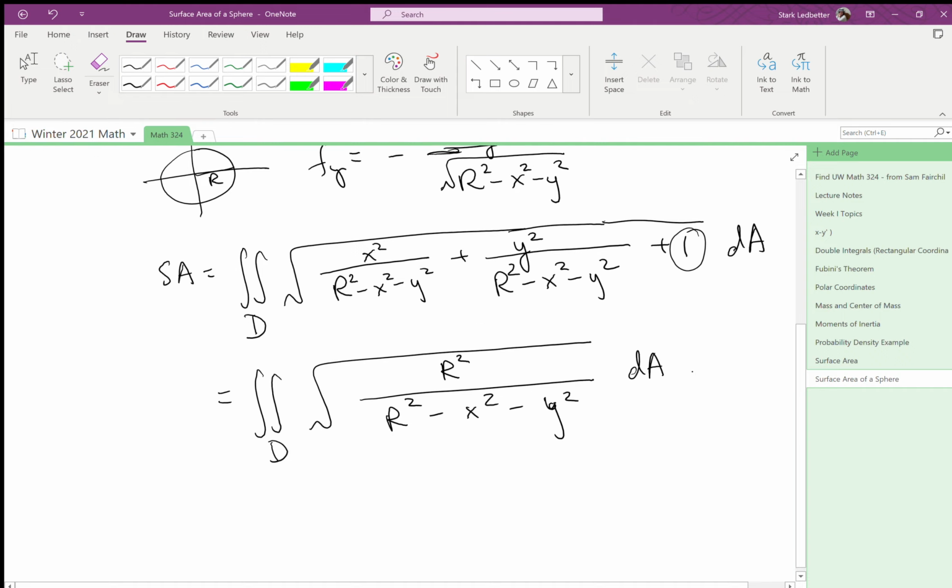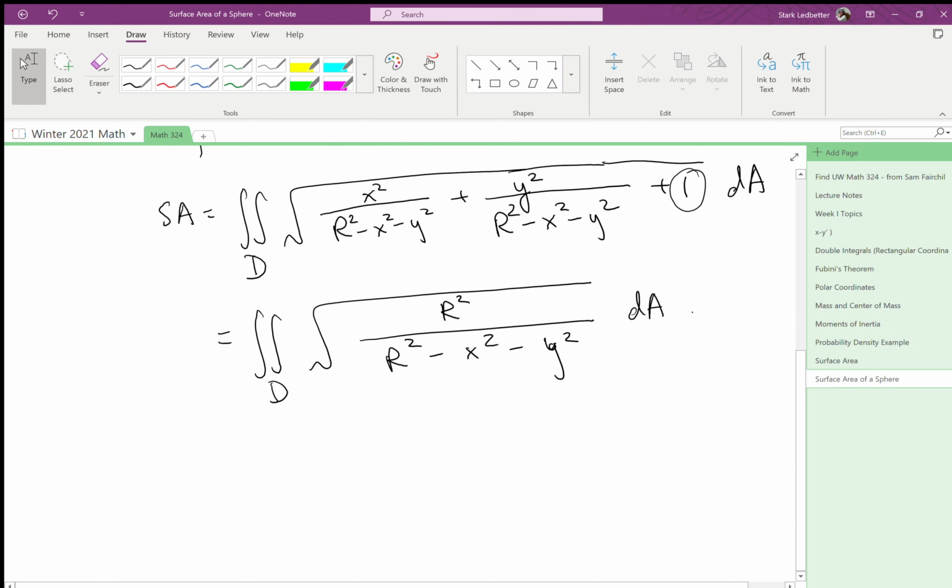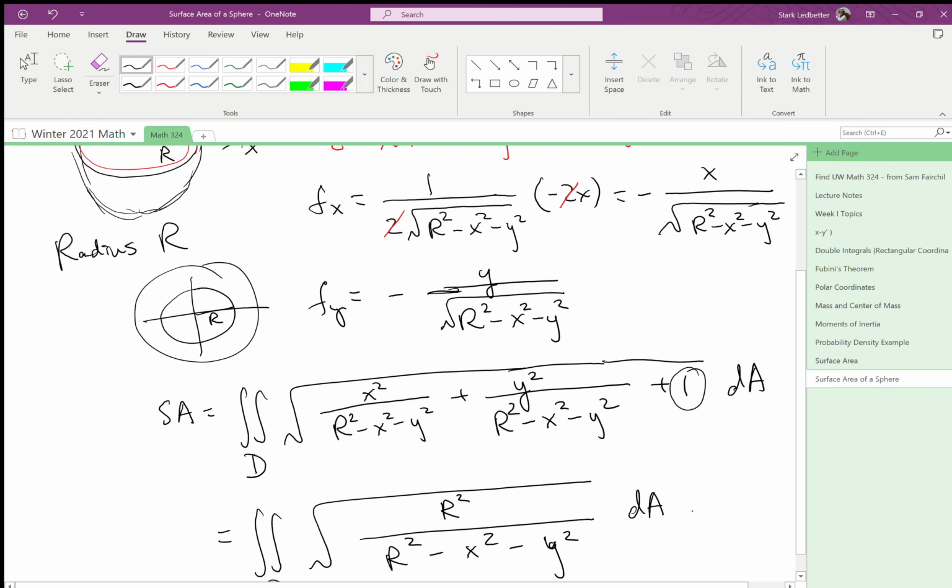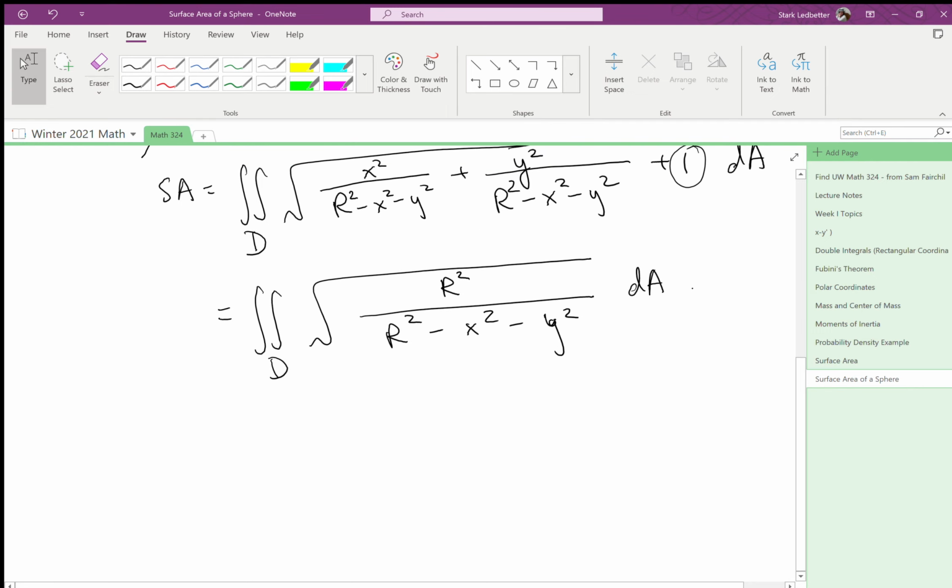And then this is just begging for polar coordinates, because I don't want to integrate over a circle and figure out what the bounds of x and y are. I just want to do this in polar coordinates. It'll be way easier. So remember my conversions, little r squared equals x squared plus y squared. Also, this is a root of big R squared, and big R is positive, it's the radius, so I can take that out.